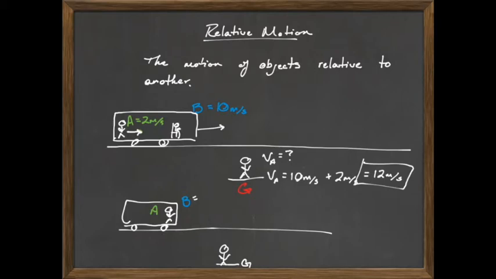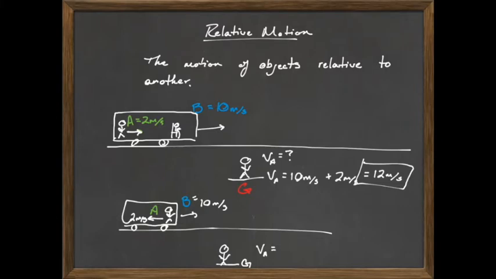B is moving forward at 10 meters per second, but now person A is moving to the left at 2 meters per second. So how fast would a person on the ground think person A is moving? Rather, how fast is person A moving relative to the ground?